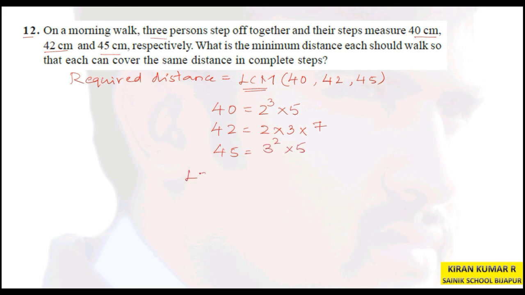So the least common multiple will be 2 cube into 3 square into 5 into 7.